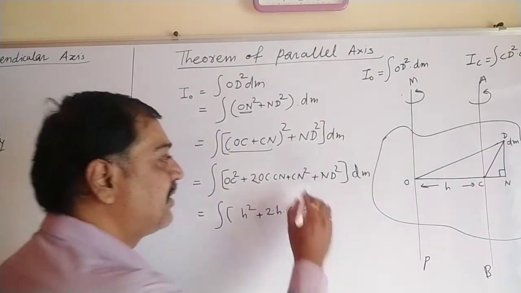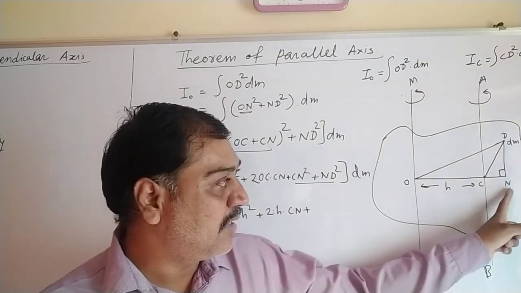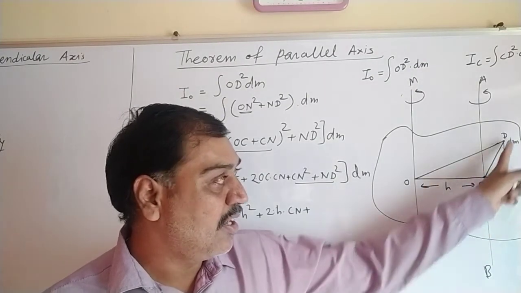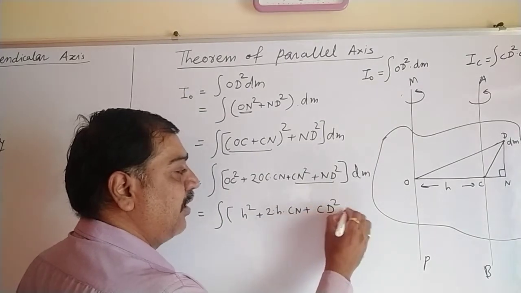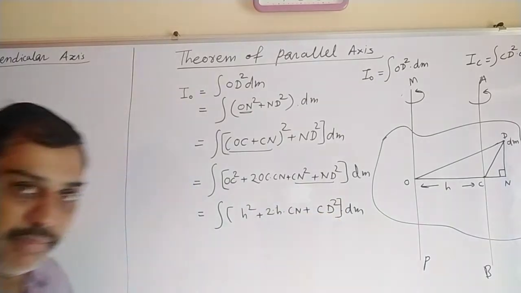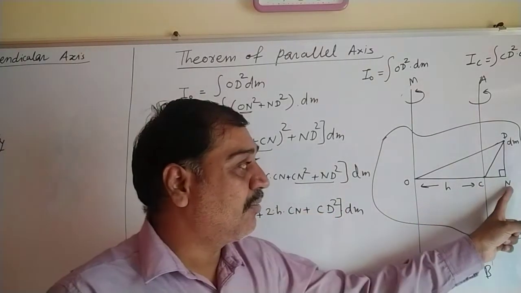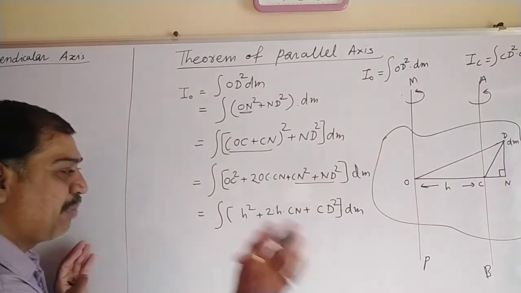Now let's look at the diagram. CN square plus ND square is CD square, so we can write plus CD square into dm. Again we have used the Pythagoras theorem, so CN square plus ND square is CD square. Now separate the terms.